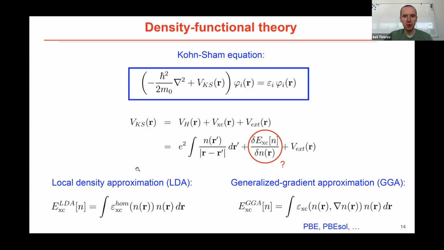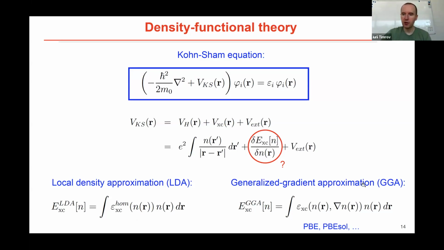Historically, the most popular exchange correlation functionals are the local density approximation, or in short LDA, and the generalized gradient approximation, in short GGA. In LDA, it's very simple. We start with the homogeneous electron gas, and we assume that the density is a local object, and the functional is also local, depending only on one position in space.